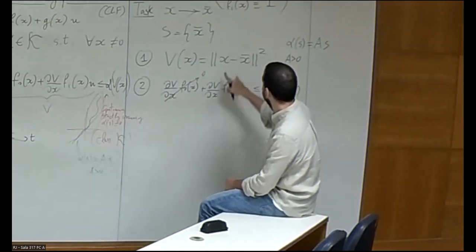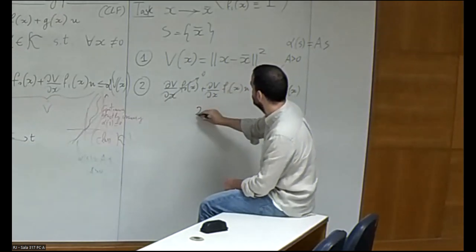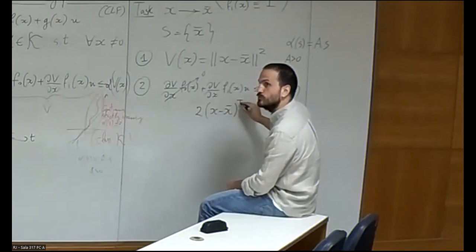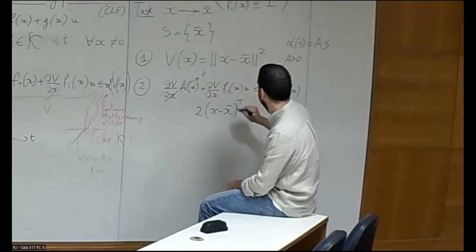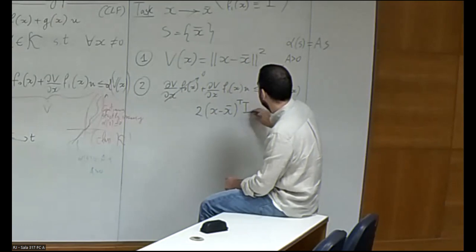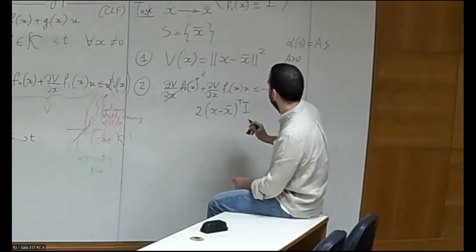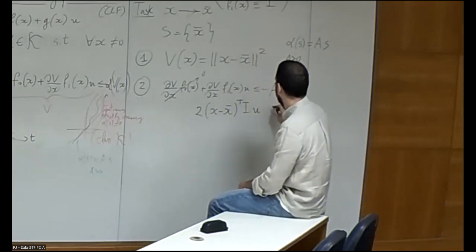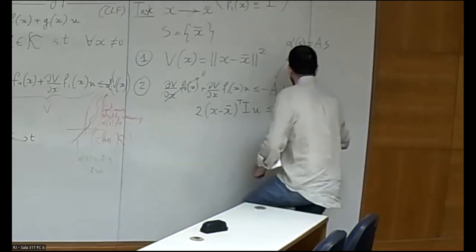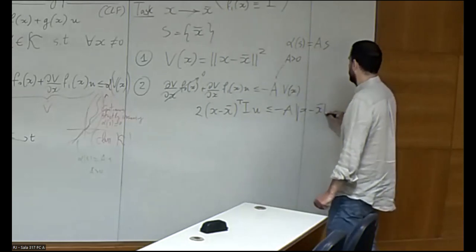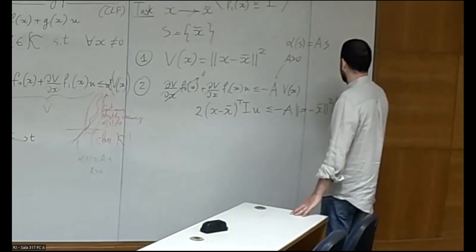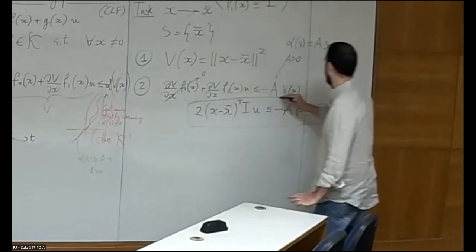Yes, it's 2(x minus x bar) transpose, times f1 of x, which is the identity. We can write it, but it doesn't matter. Times u less than or equal to minus a times x minus x bar squared. So this is the constraint for our optimization.